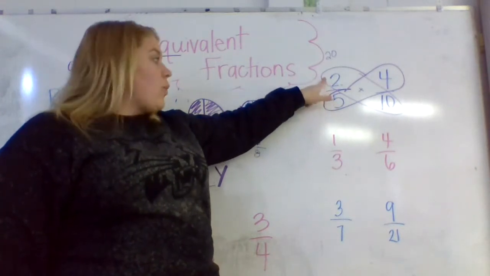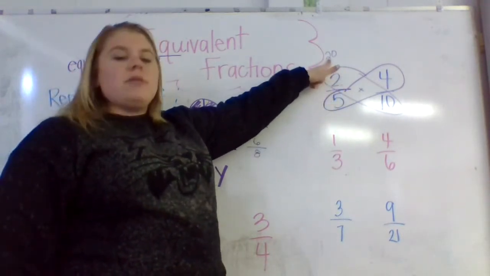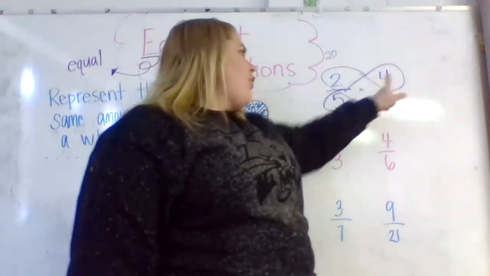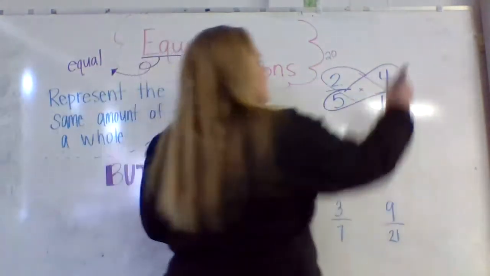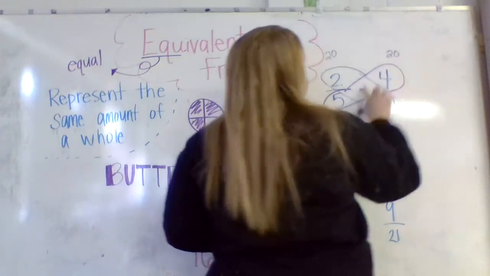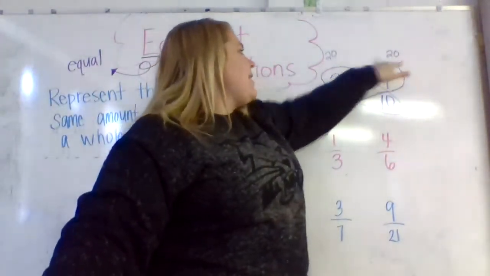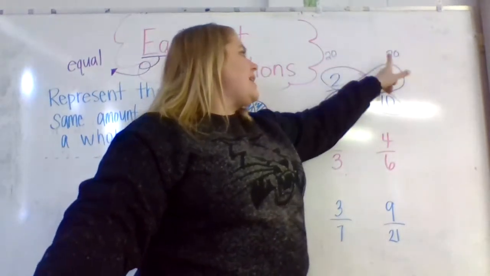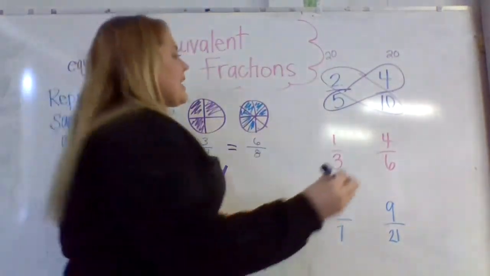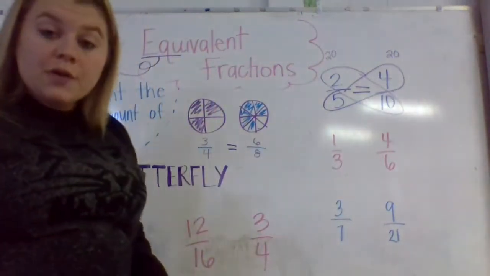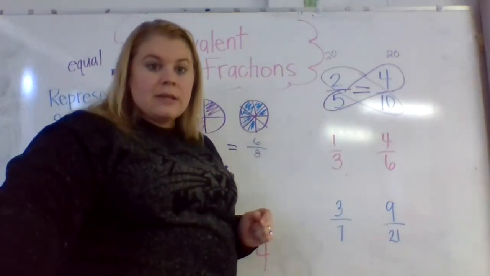When I multiply this numerator out, my product goes up top. So now this numerator, 4 times 5, is also 20. After I've butterflied, when I see 20 and 20 on both sides, I know those are equal because they're the same number. So those are equivalent fractions.